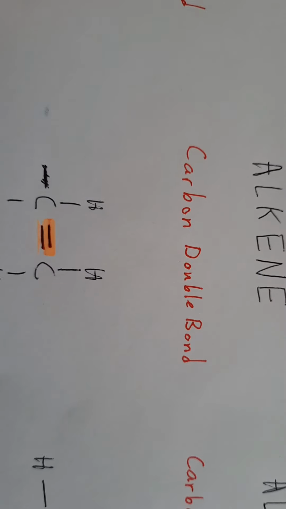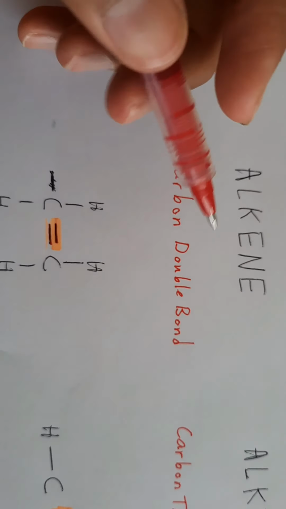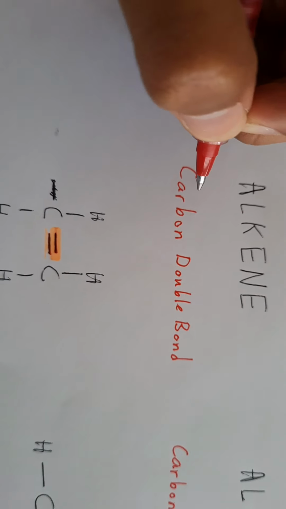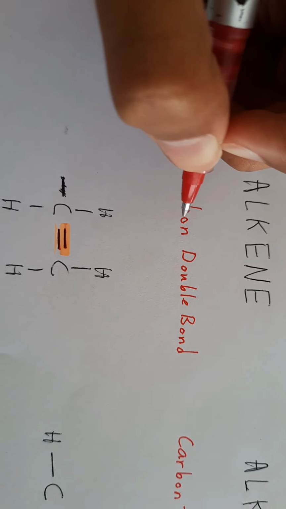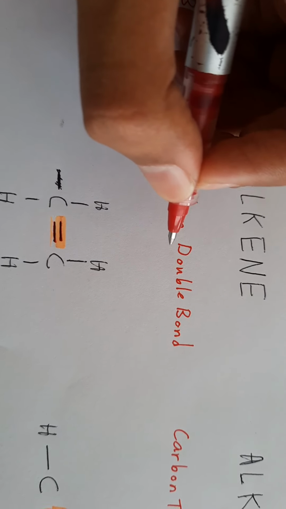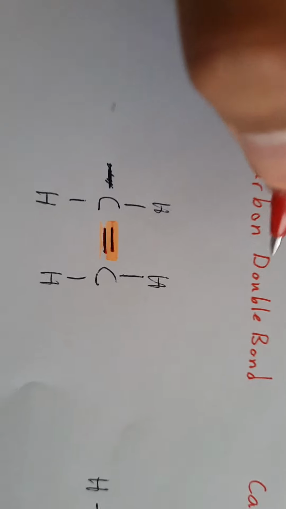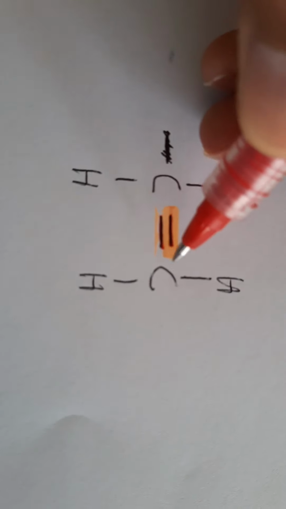So now let's go to alkenes. Alkenes are compounds with carbon molecules with double bonds. If you look over here in this structure, I've highlighted the double bonds. 1 bond, double bond. 1, 2, 1, 2.